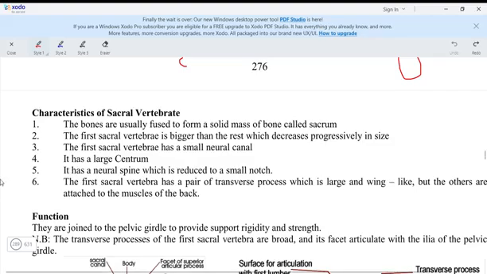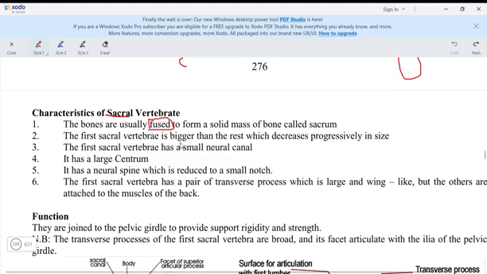Sacra is found in the lower abdomen, the lower abdominal region. So his own bones are always fused together. So they are immovable joints. Just like the skull, you know, the bones in the skull also are immovable.